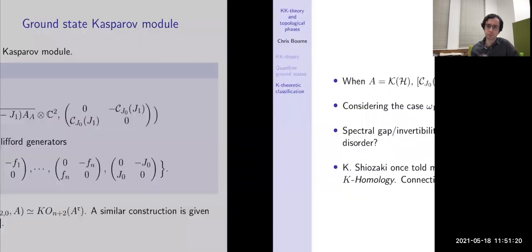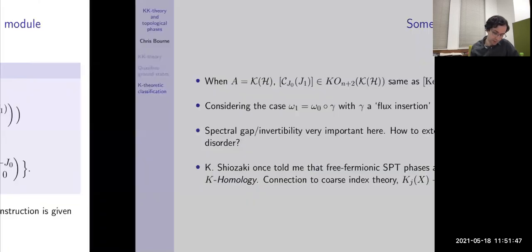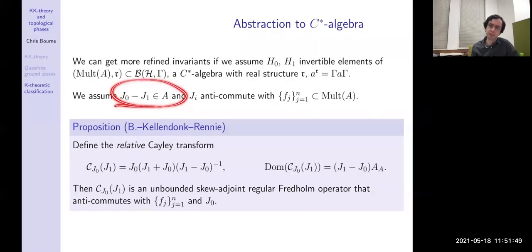I was under the impression that if we don't put any information about the space or the dynamics, then we will be talking about time evolutions generated from the full B of H, and in that case the K-theory should be trivial. It's this assumption here that really is where the non-trivial topology comes in.